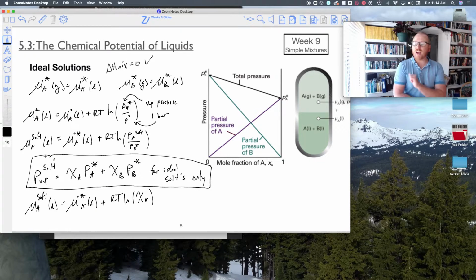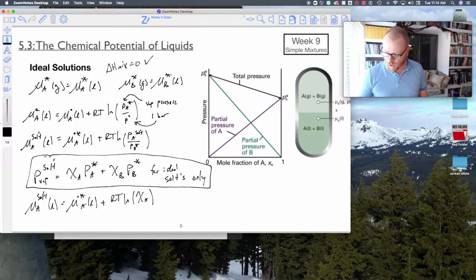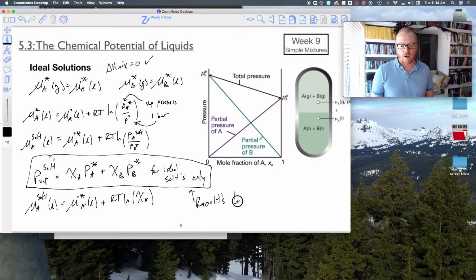This linear additive way of adding up the vapor pressures is known as, I can never spell this, Raoult's law. R-A-O-U-L-T. Raoult's law.